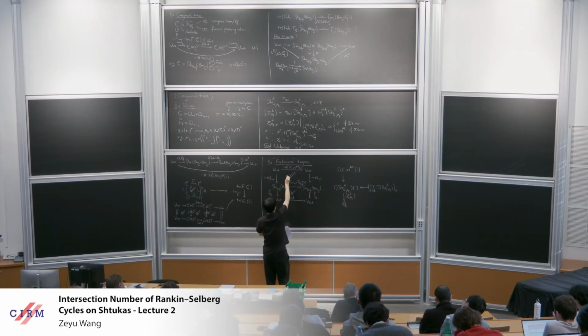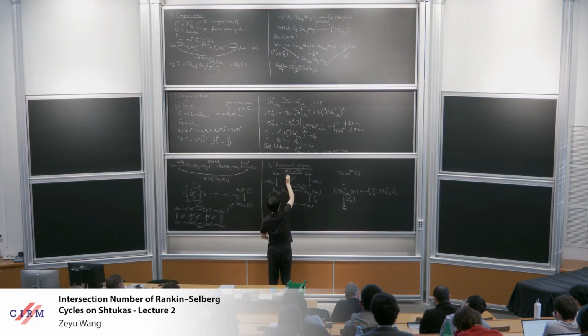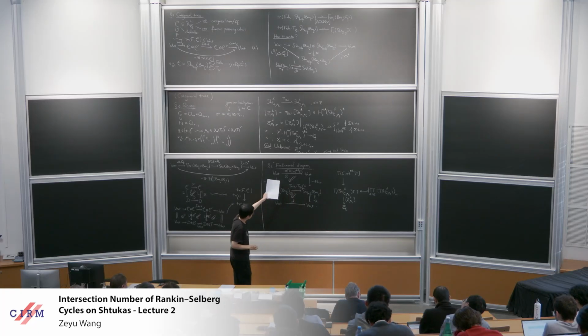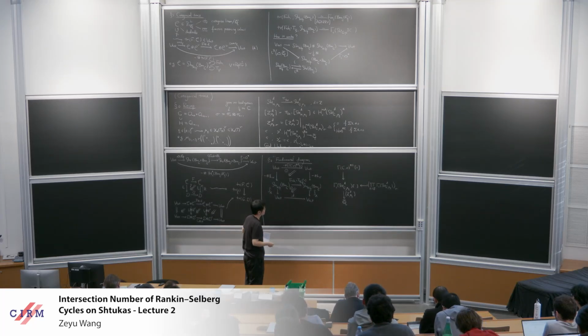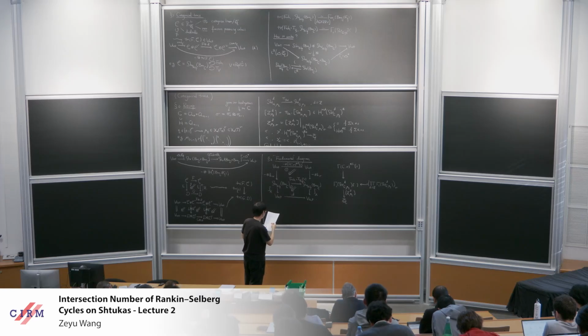Okay, so let me call natural transformations 1 and 2. I have not given you the definition of 1 and 2, but let's first try to see what conditions you want 1 and 2 to satisfy.